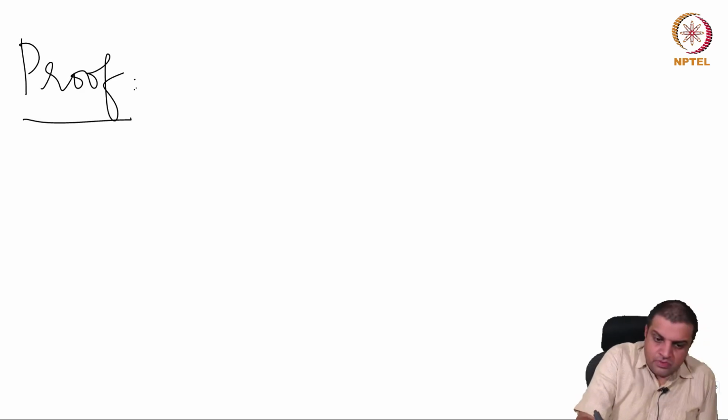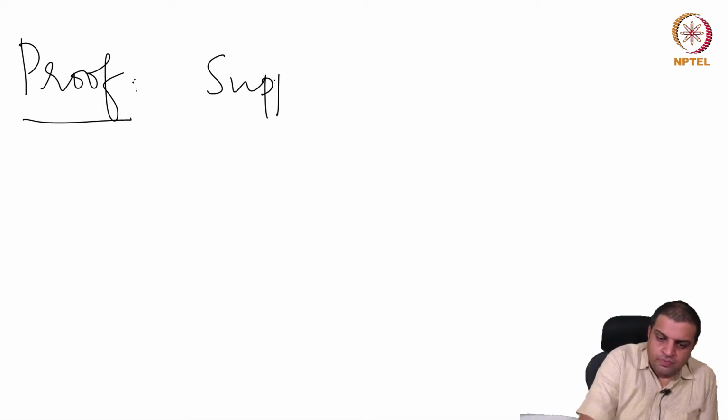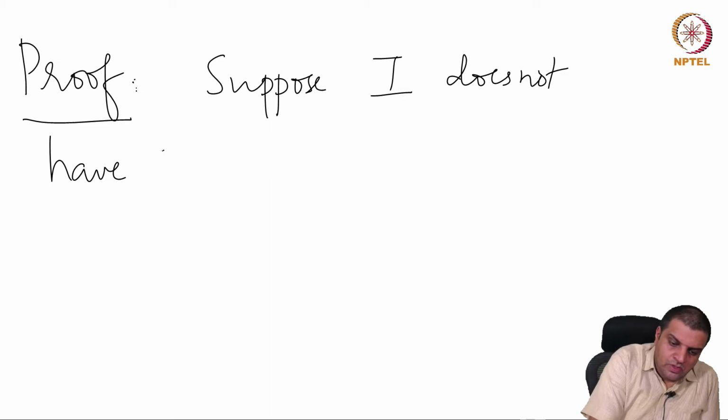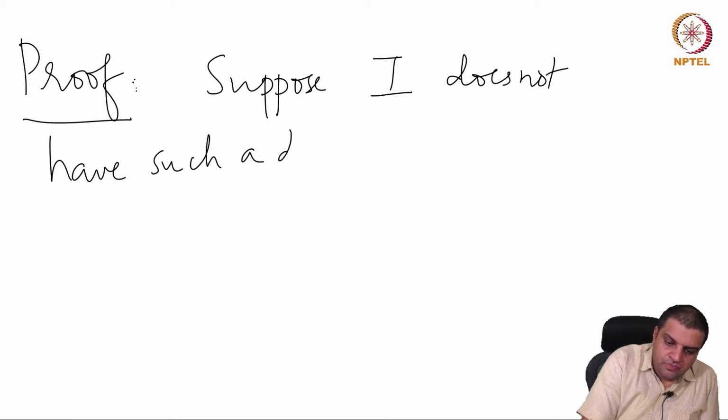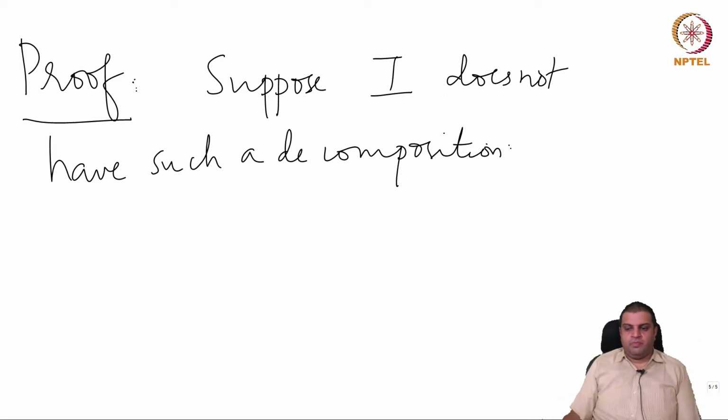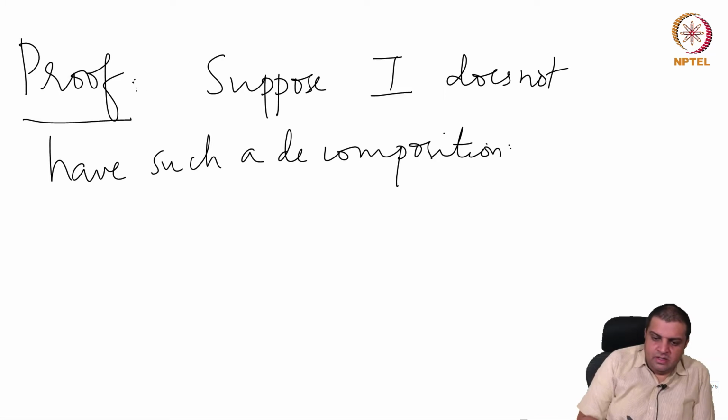So suppose this is not true. Suppose I cannot be written that way. Suppose I does not have such a decomposition. What does that mean? Well, I cannot be written as a finite intersection of irreducible ideals.